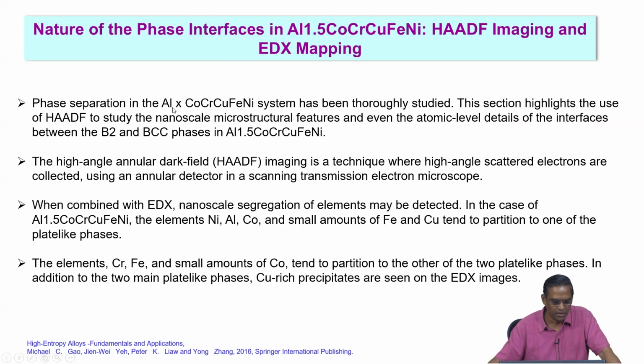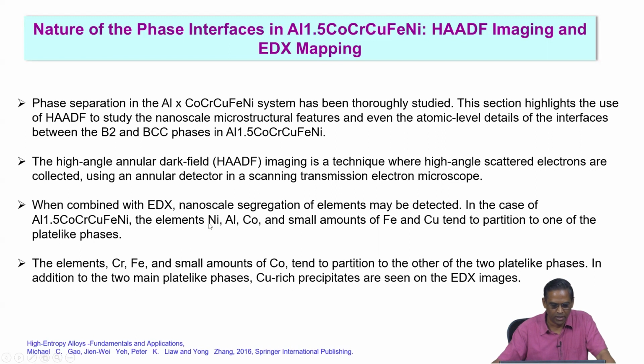So the phase separation in the aluminum, cobalt, chromium, copper, iron, nickel system has been thoroughly studied. This HRTEM study shows the nanoscale microstructural features and even atomic-level details of the interface between the B2 and BCC phases in this alloy. So we have combined HRTEM and EDS, and we looked at the elements: nickel, aluminum, cobalt, and small amounts of iron and copper tend to partition in one of the plate-like phases.